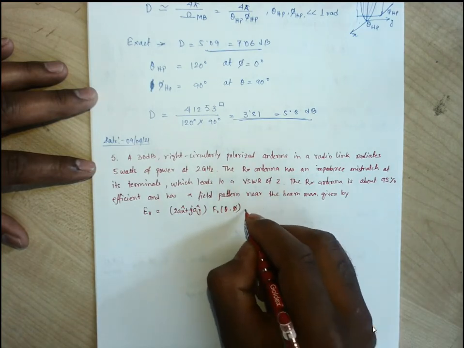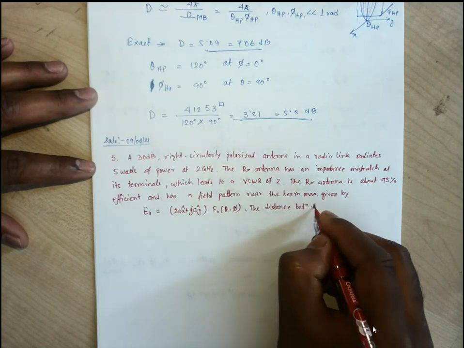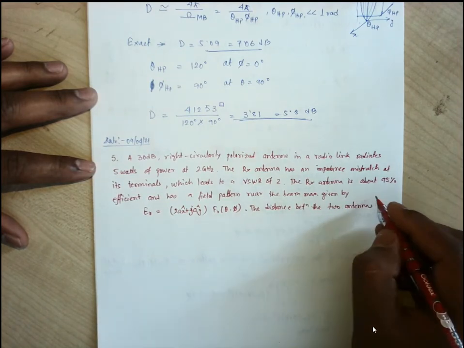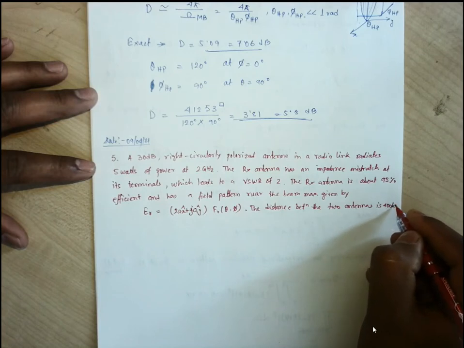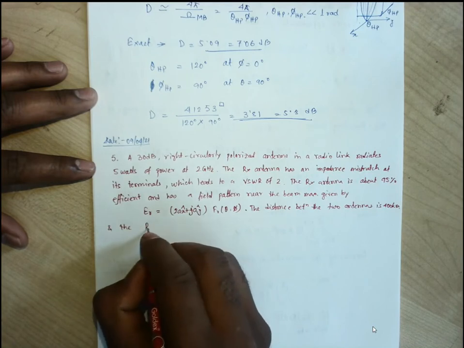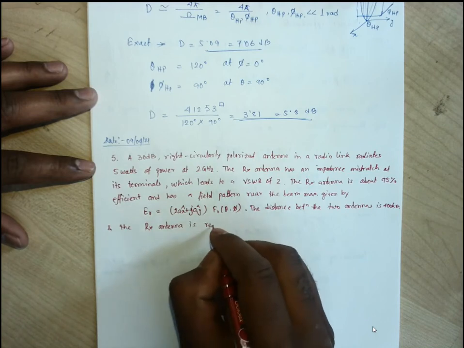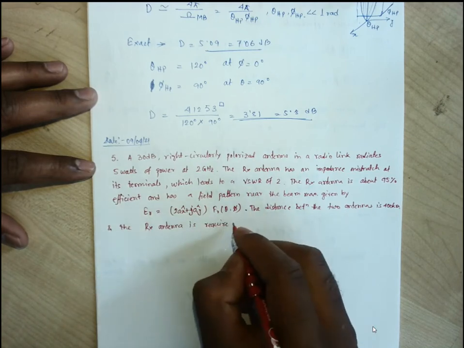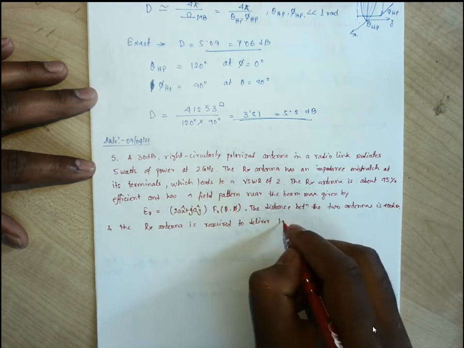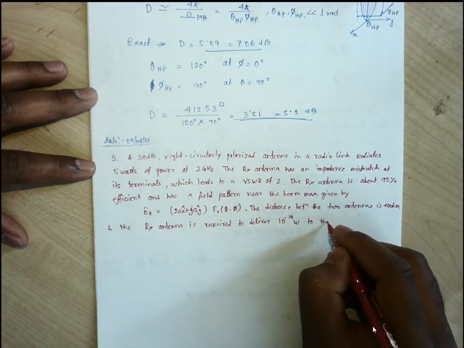The distance between the two antennas is 400 kilometers, and the receiving antenna is required to deliver 10 to the power minus 14 watt to the receiver.